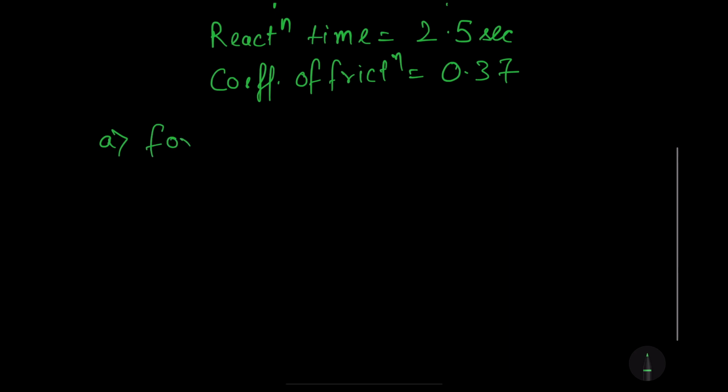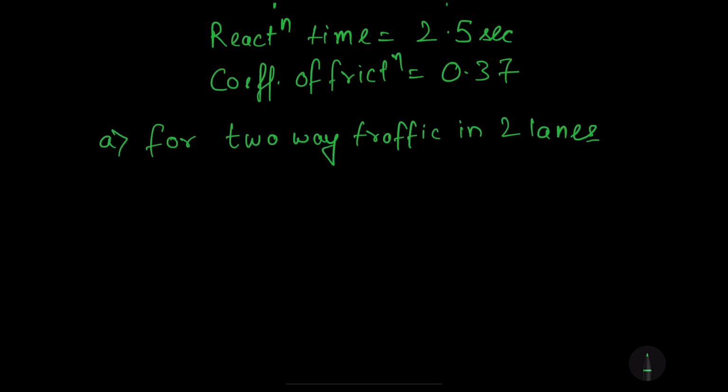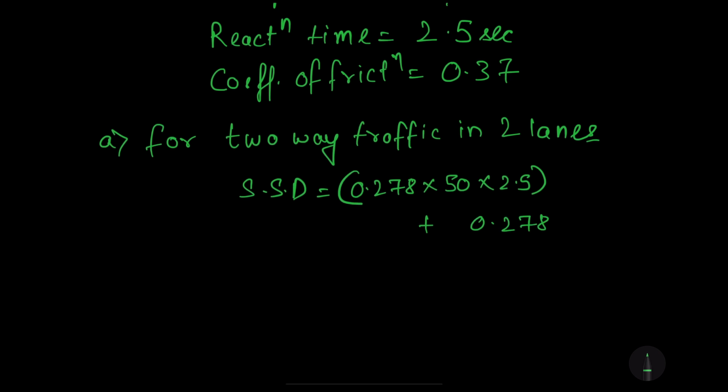Now for the first case, for two-way traffic, when the traffic is moving in two lanes, SSD can be given as 0.278 into 50, that is the speed of the vehicle, into 2.5 seconds, which is the reaction time, plus (0.278 into 50) squared upon 9.81 multiplied by 0.37.